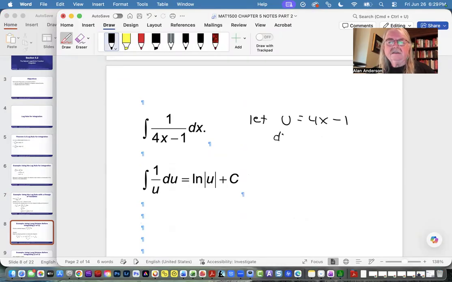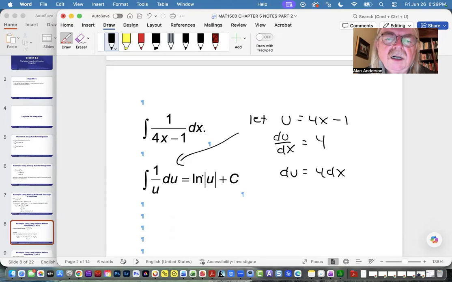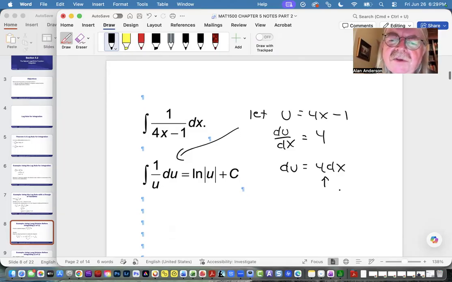Then du dx would be 4, and du would be 4 dx. So in order to use this form here, we don't actually have du, but we can supply this 4, and we've done this before.